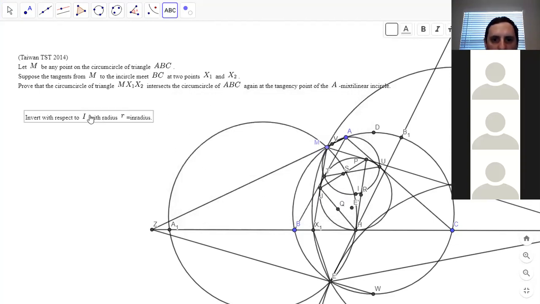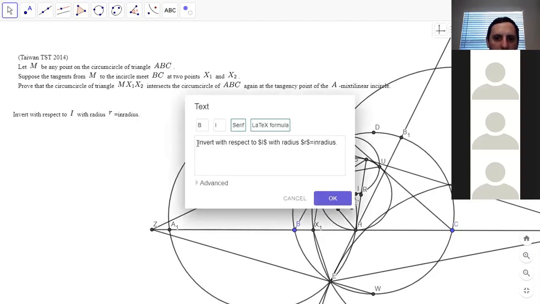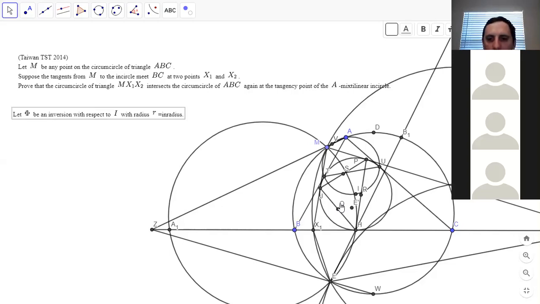And actually, I'll say let phi be an inversion. There we go. So we want to show that, okay, and let E be the intersection of those two circles.